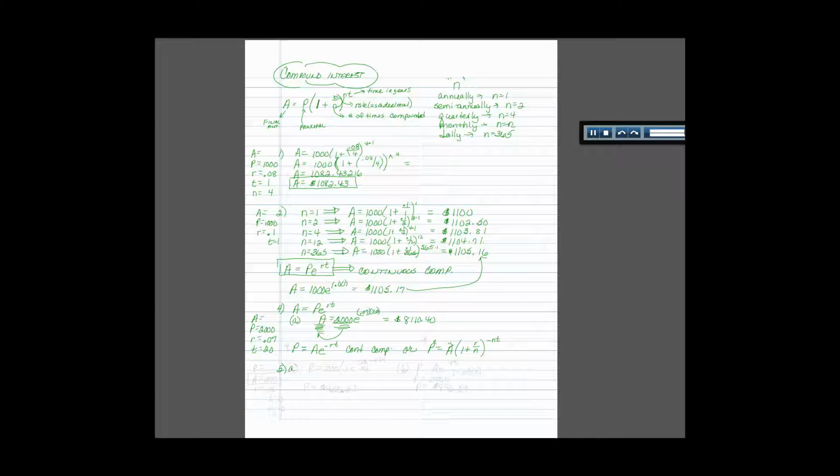That's part A. So we're talking about figuring it monthly, so we want this formula. So we're going to write P this time is what we're looking for. The amount we want to be able to get back is $1,000. The rate here is 0.08 or 8%. The time it says is 10 years.